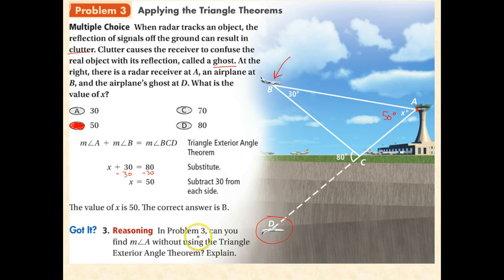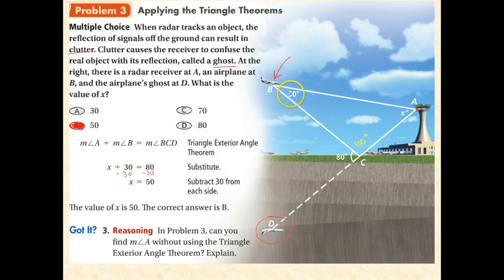All right, so in this problem, can you find the measure of angle A without using the triangle exterior angle theorem? Explain. And the answer is, yeah, you could. And I'll show you how. Well, we know that angle BCD and angle BCA are supplementary because they form a linear pair, which means that angle BCA is 100 degrees because 100 plus 80 is 180.